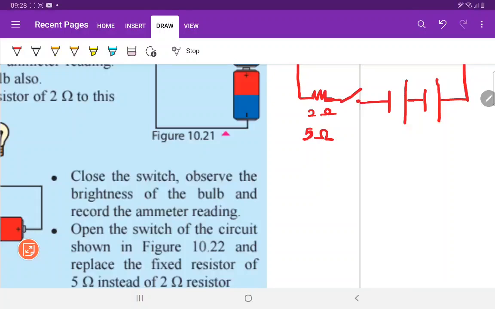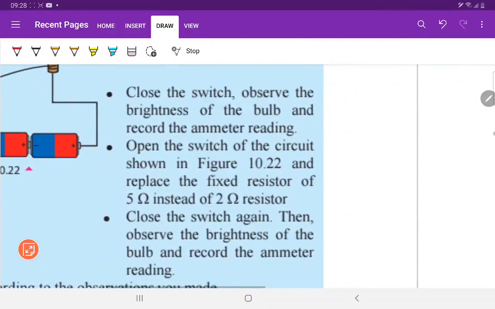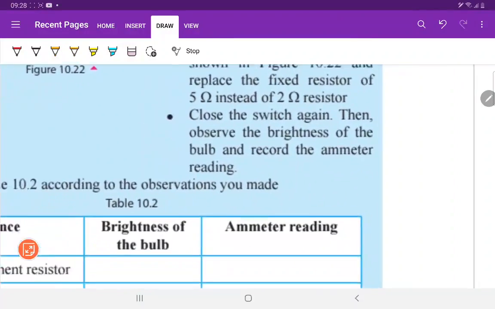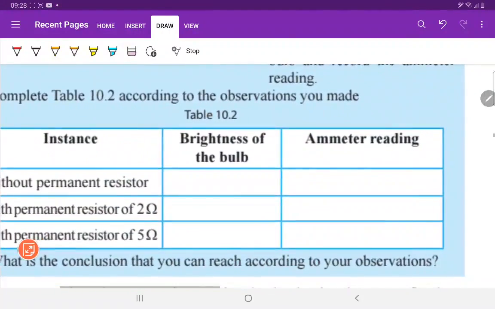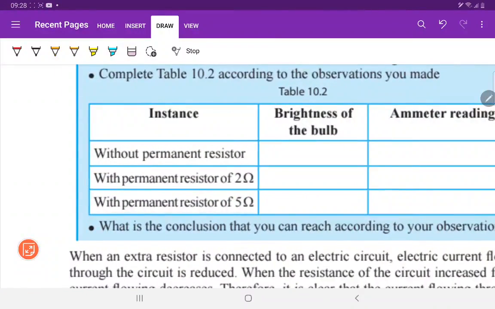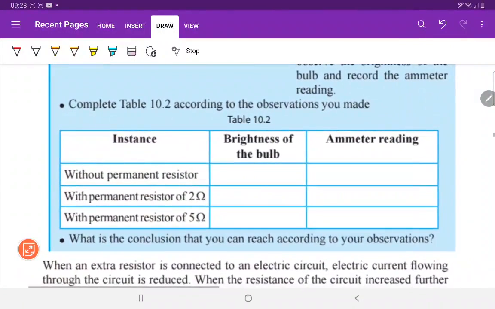We have already studied this in the part 1 book. What is the relationship? If the resistance in the circuit is high, the current flowing will be low. If the current flow is high, the resistance will be low. So resistance is controlling the current flow; it is the obstacle to the flow of current.